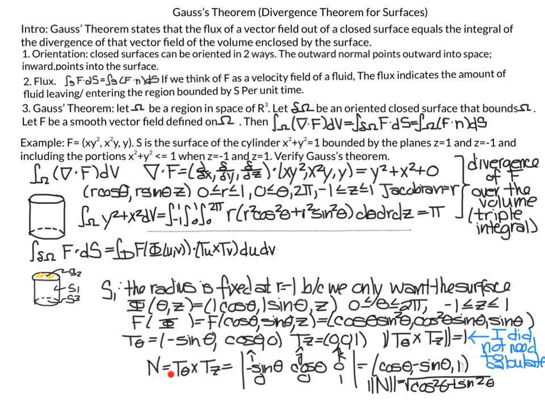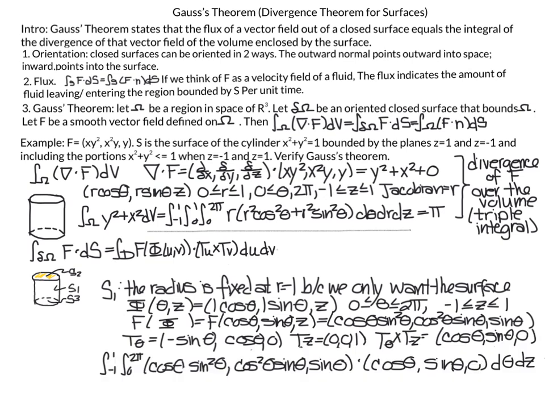And then the normal is the cross product of t theta, tz. So I have t theta here, tz here. I take the cross product, and I calculated the magnitude of this, which was just equal to 1.